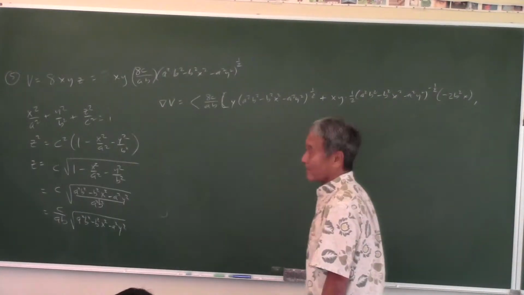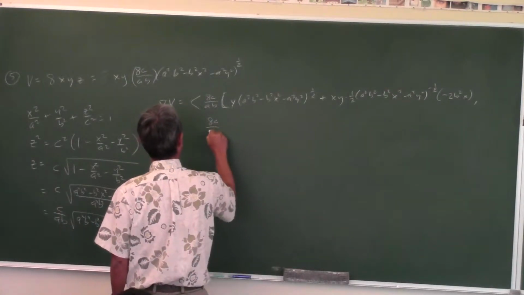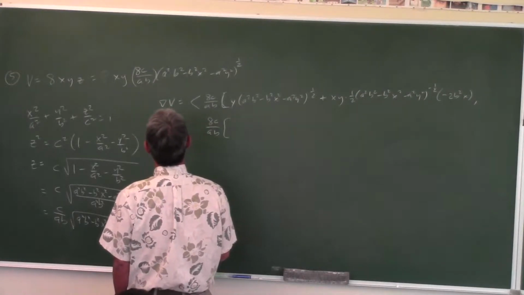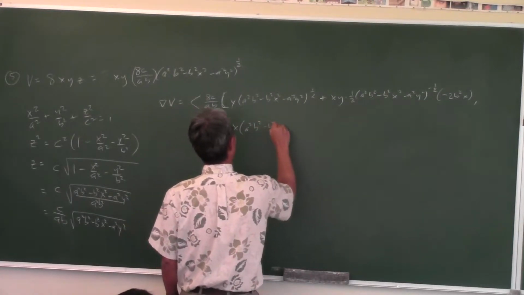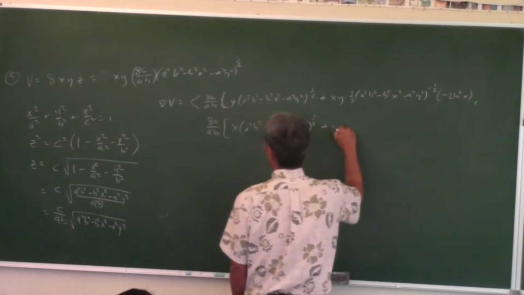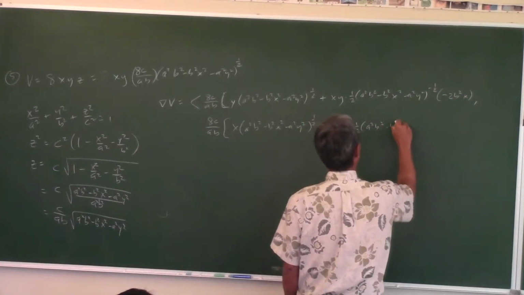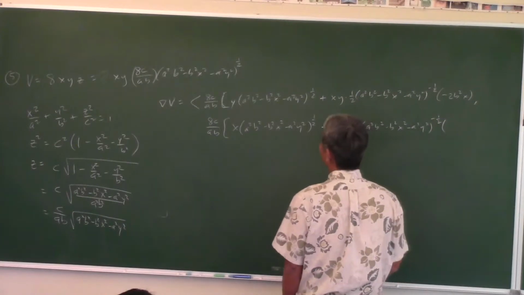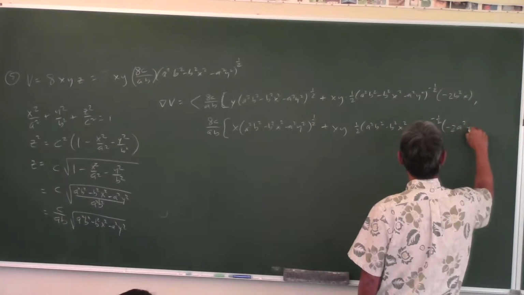And then the partial with respect to y will be 8c over ab times the derivative of the first, so it'll be x times a squared b squared minus b squared x squared minus a squared y squared to the half, plus, leave the first one alone, 1/2 of a squared b squared minus b squared x squared minus a squared y squared to the negative half, times the derivative with respect to y, which is negative 2a squared y.